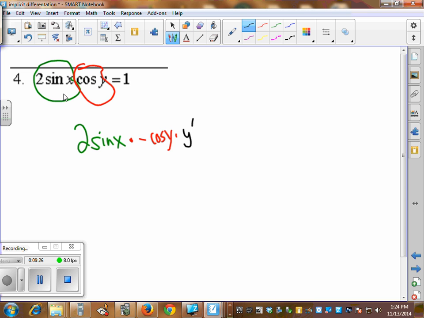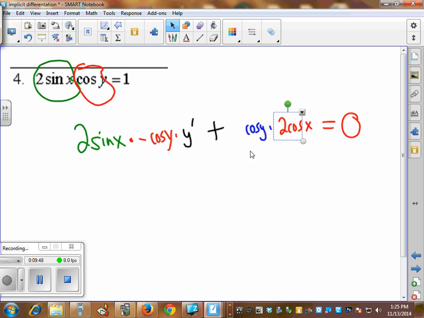So that's first times derivative of the second plus second times derivative of the first equal to, and the derivative of 1 is 0. Now we need to solve this for y', but before we do that, notice all this is one product.